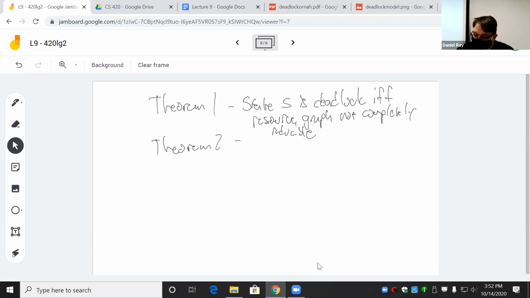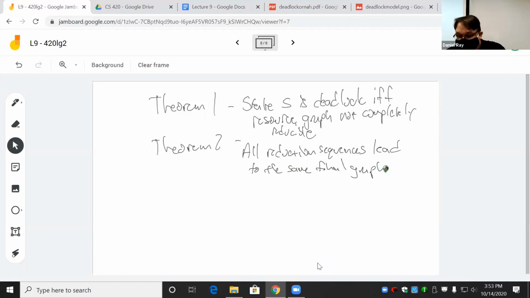Okay? In theorem 2, all reduction sequences of a given resource allocation graph lead to the same final graph.